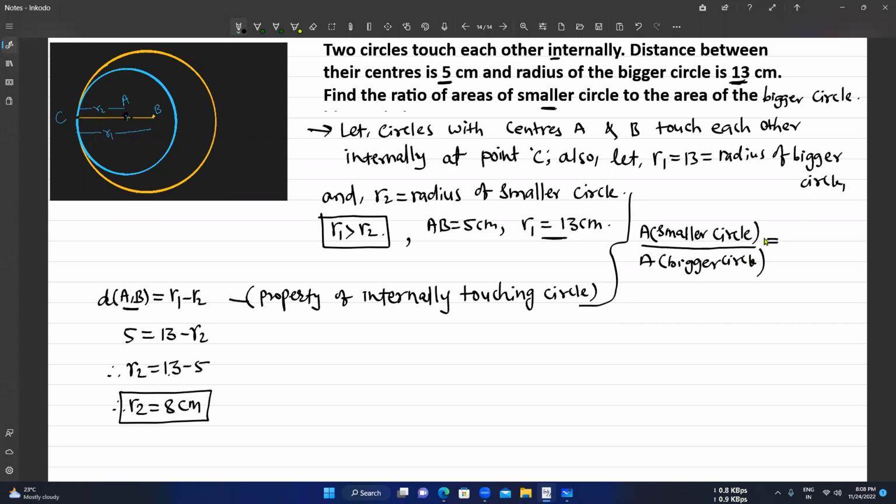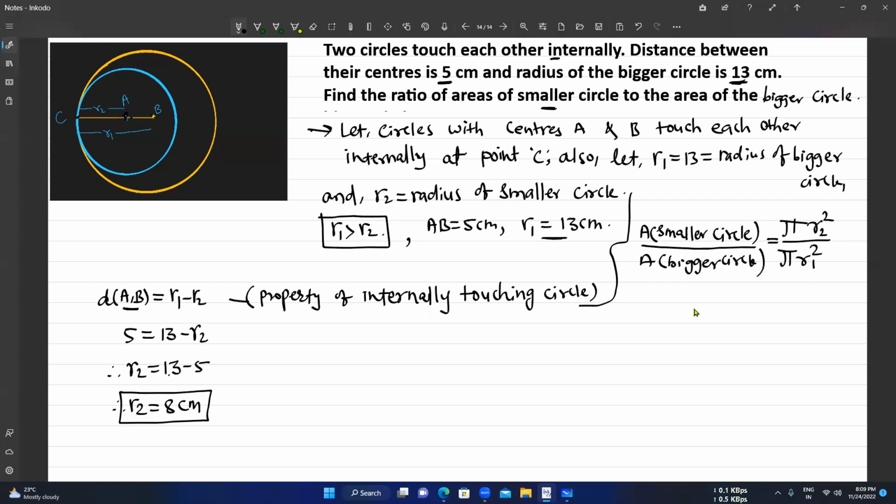So what is the formula for the area of a circle? The area of a circle is pi r square. Since the radius of the smaller circle is R2, we replace r with R2 square, divided by R1, the radius of the bigger circle, so the area of the bigger circle is pi R1 square.